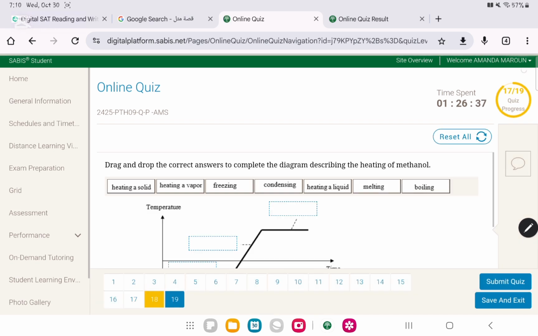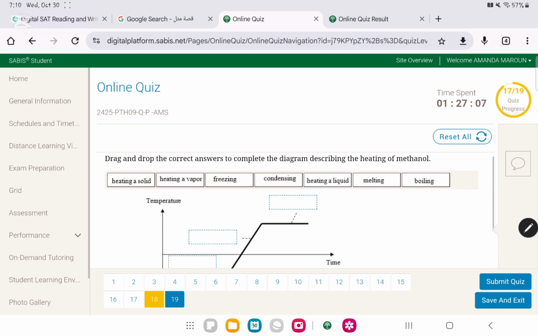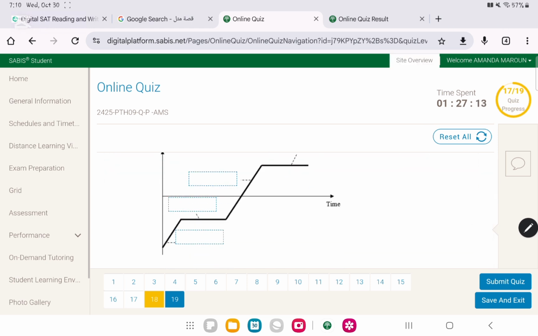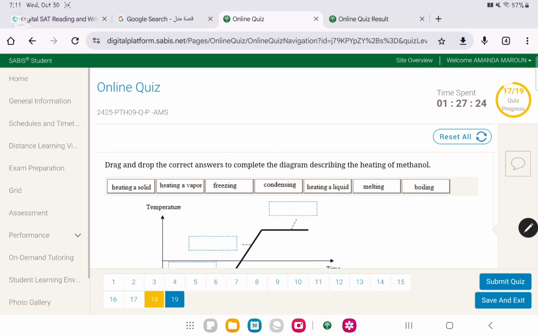Anyways, question number 18. They told us to drag and drop the correct answers to complete the diagram describing the heating of methanol. Of course, what they mean by heating is that we're going to start with a solid. Why? Because it is below 0, since at this point the temperature is 0. So since we start below 0, it is definitely a solid.